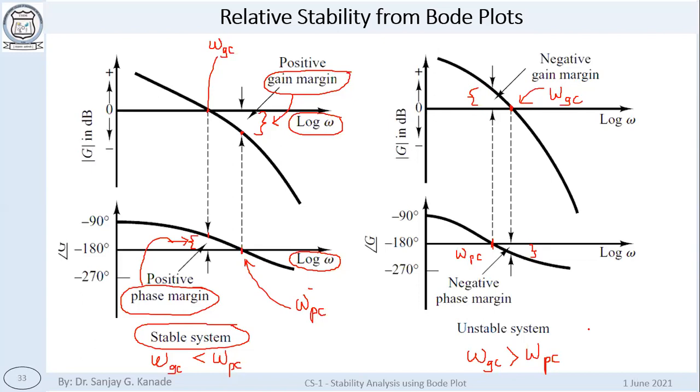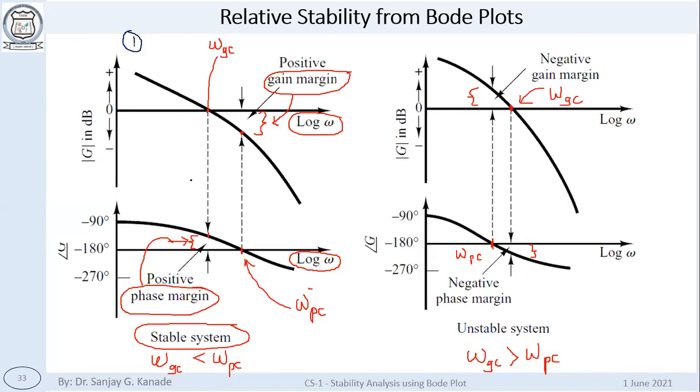Now let's again take a look at any of these graphs. Both of these are just sample graphs. If we increase some constant gain factor, what will happen?